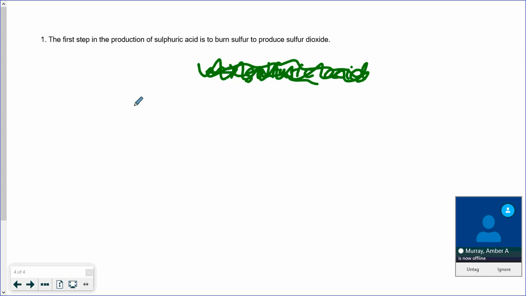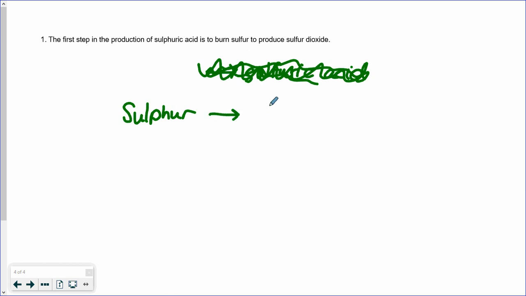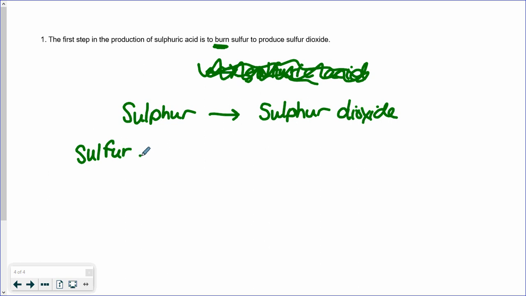So burn sulfur to produce sulfur dioxide. So we know when we talked about this previously, when we're talking about a combustion reaction that involves burning, we actually need to burn it in the presence of oxygen.